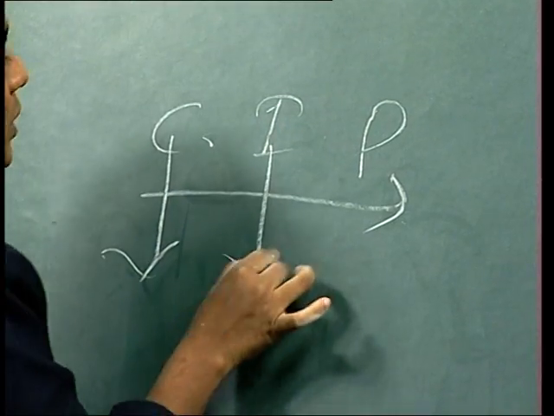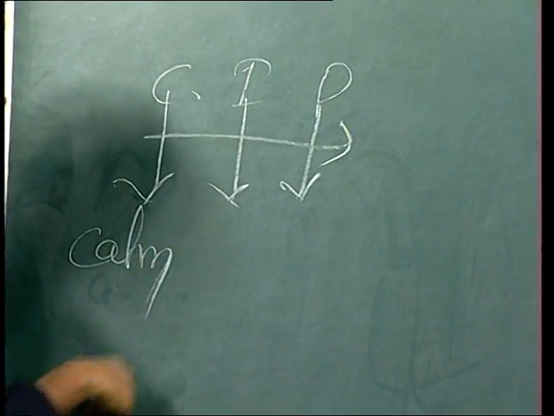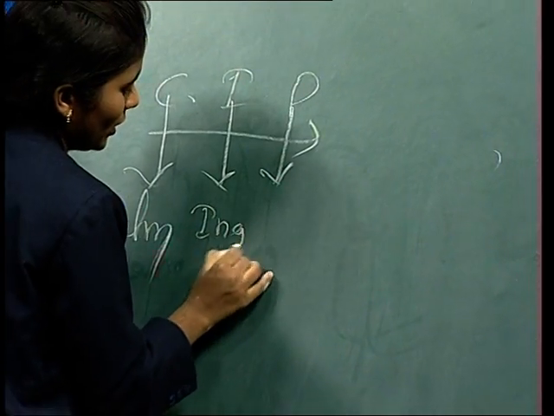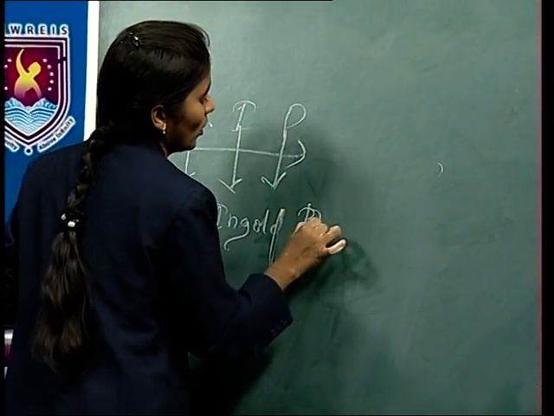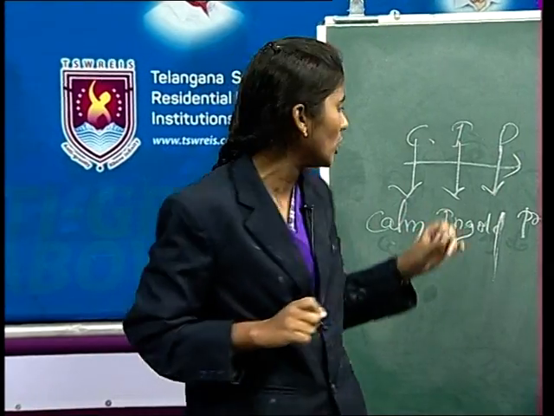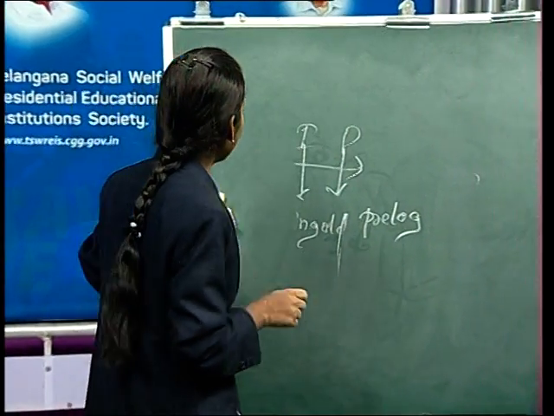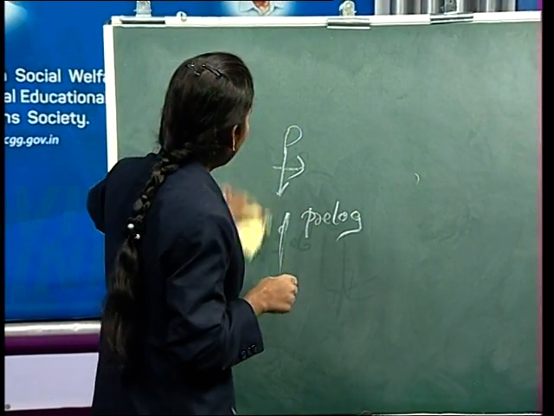These are three scientists. What is the name of the first scientist? Cahn, second Ingold, and third one is Prelog. So these three scientists are the basis of both cis and trans and E and Z nomenclature. So these are the three scientists of EZ nomenclature.